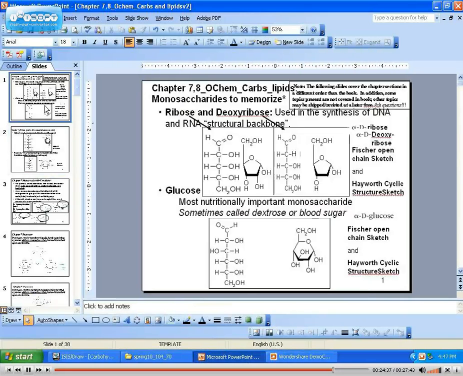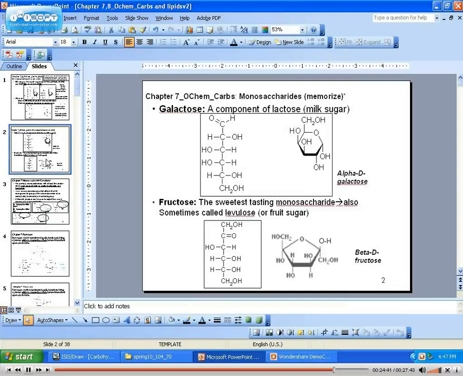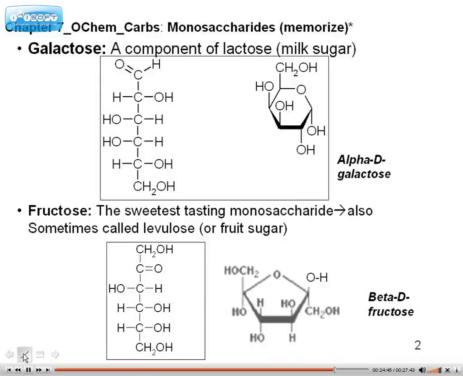Galactose. The only difference between glucose and galactose, very subtle, but it is the only difference, is that if we number this carbon 1, 2, 3, 4, on carbon 4, the alcohol is going to be on the left-hand side of the Fischer projection.